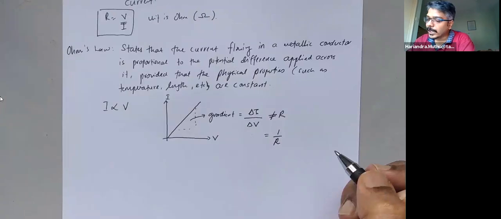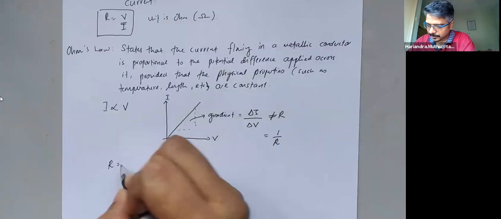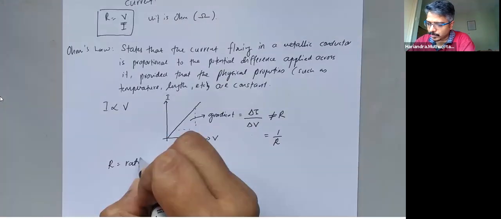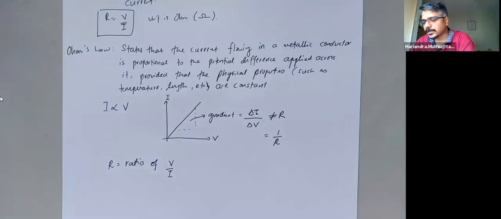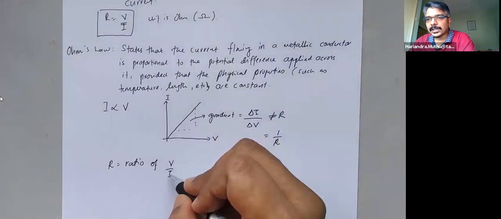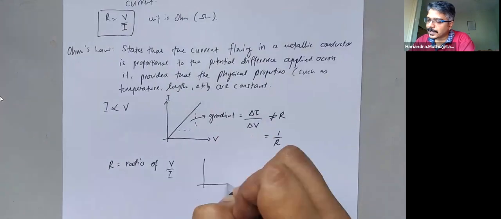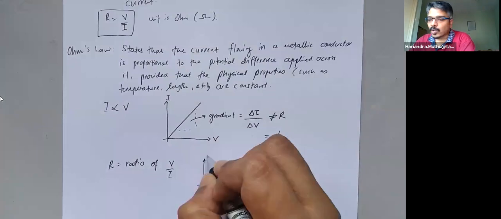However, if you look at the definition of the resistance, it is the ratio of potential difference over I. It doesn't say it's the change of potential difference over the change of current. So if you have, for example, a non-ohmic conductor.